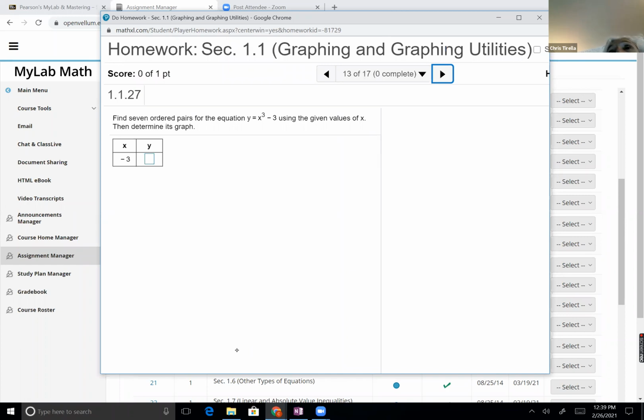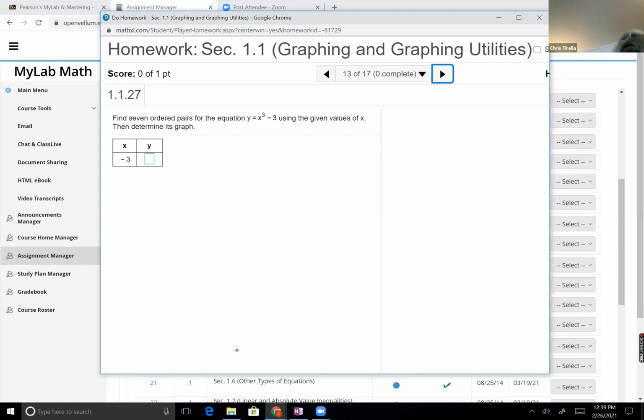I would prefer it if you could actually physically do the graph, but in my math lab, questions like this, it's a multiple choice graph. How are you folks at completing the table of values for an equation and then identifying the graph? Is this something we need to go over, or is this a skill that you have already? Do you mind going over it? No, not at all. That's why I asked.